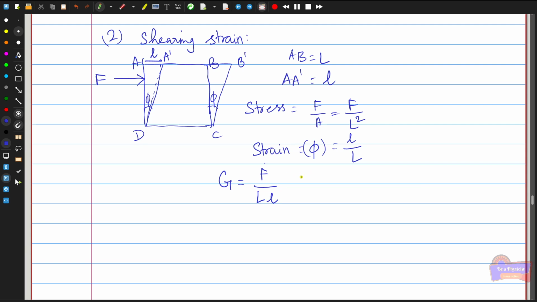Because originally it is F divided by L squared divided by l into L. So the rigidity modulus G is equal to F divided by L into l, or the force can be found from G times capital L into small l. So this is the relation between the force and the stress and strain.